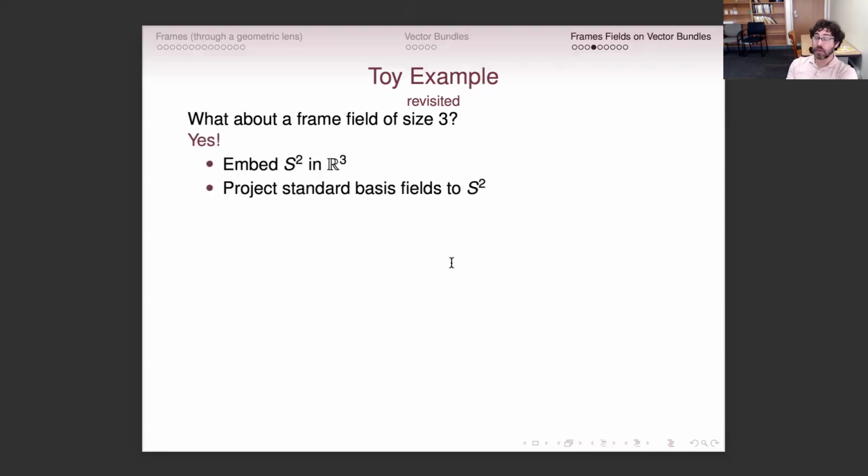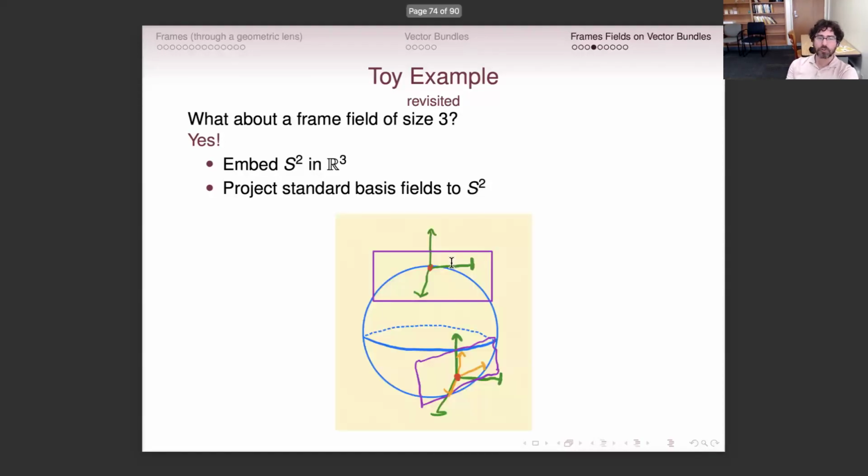It turns out that you can find one of these, and it's actually pretty easy to describe. What you should do is embed the two-sphere in R3. In R3, you have the three standard vector fields pointing in the X, Y, and Z directions. What you can do is orthogonally project the standard basis at each point onto the tangent space of your two-sphere.